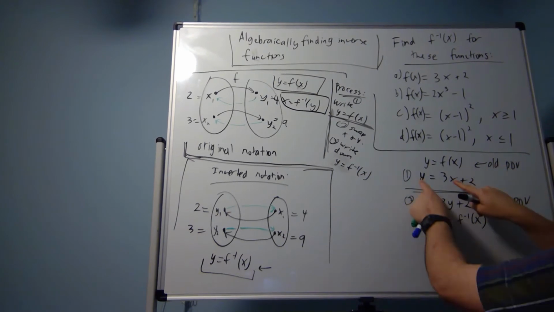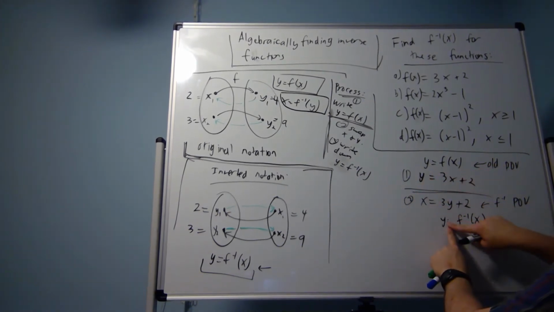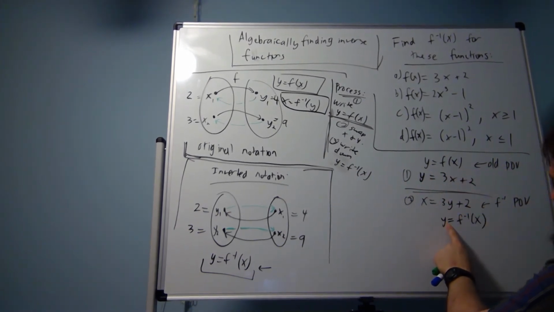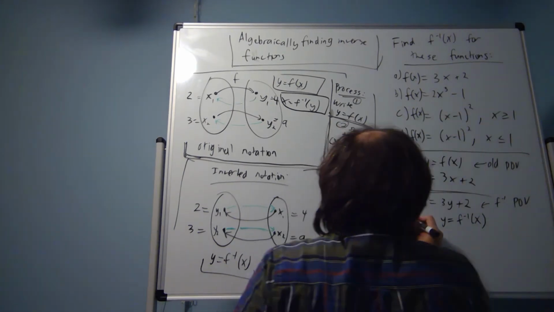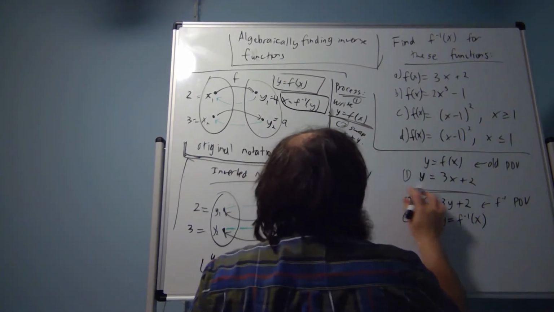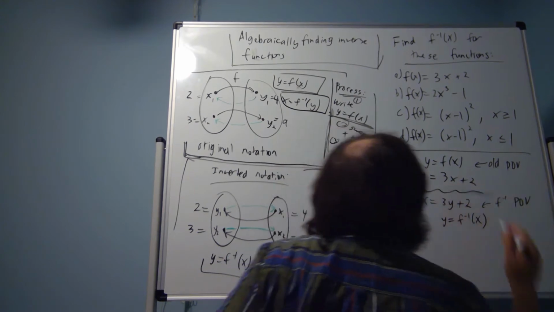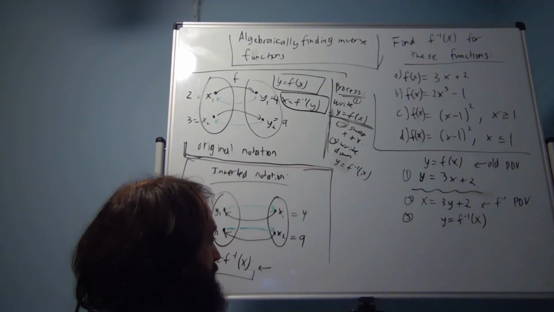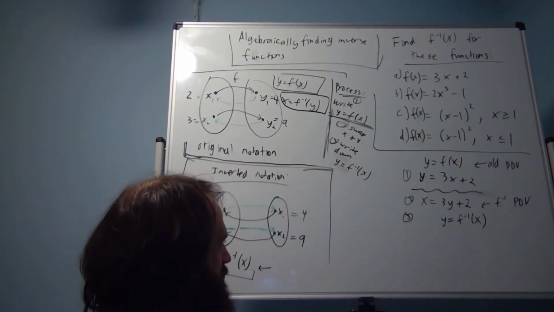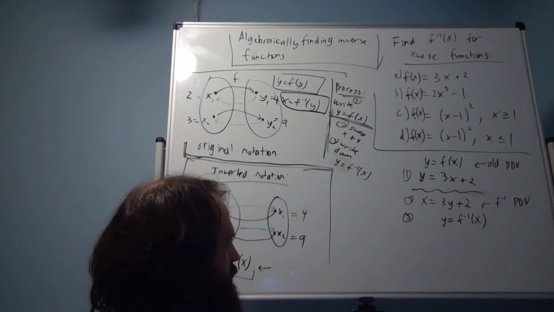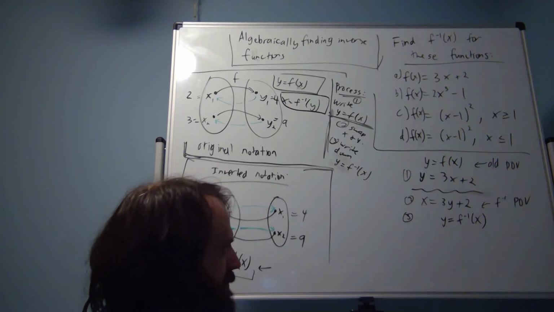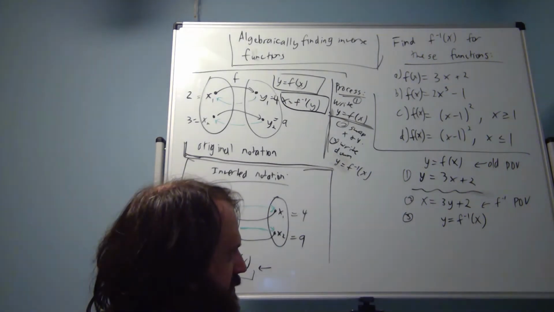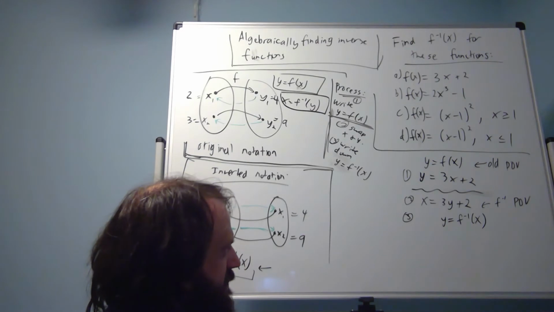So switching these is the same thing as doing this. These steps are closely related, and switching the notation around corresponds to, we're not in this world anymore. We flipped the notation, which means we're going backwards, which means y is now f inverse of x going forward.